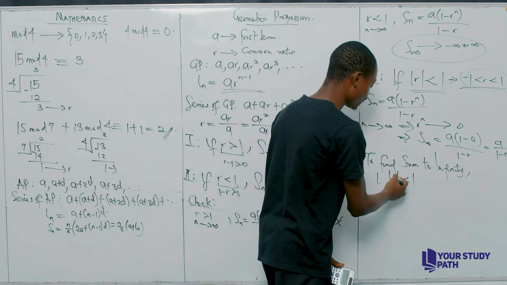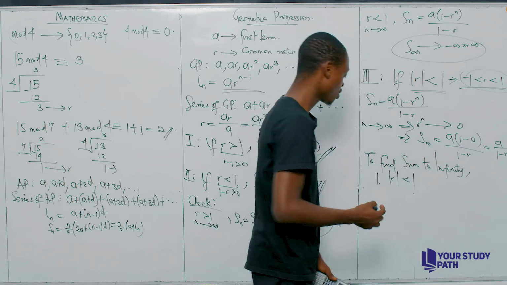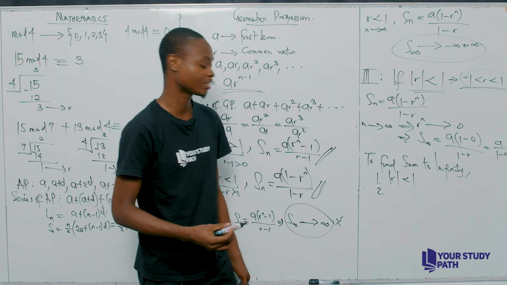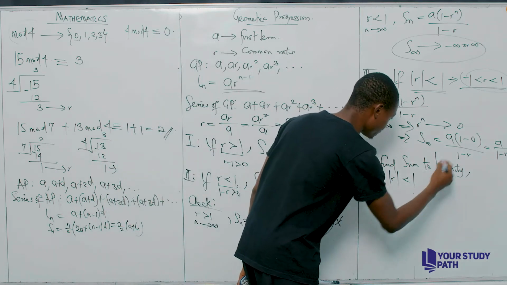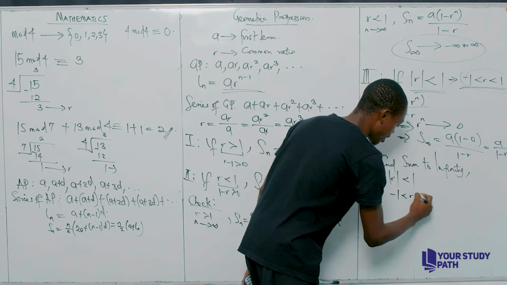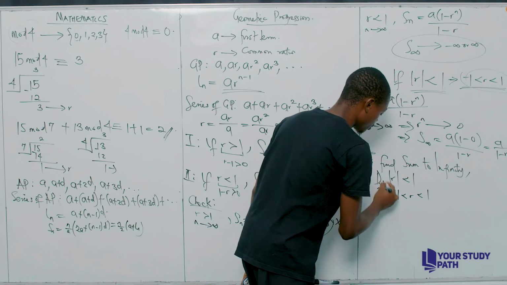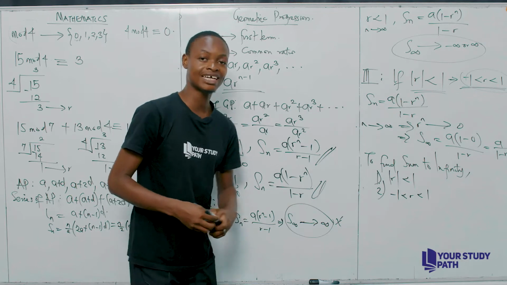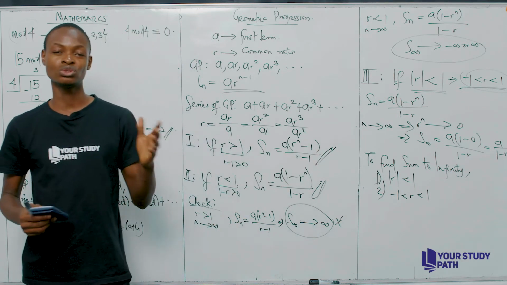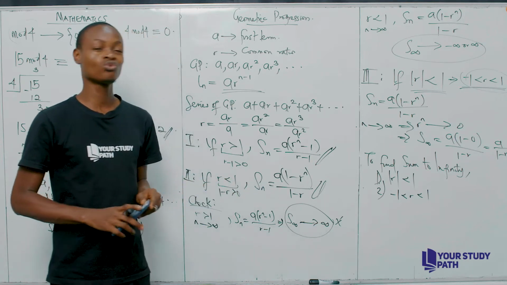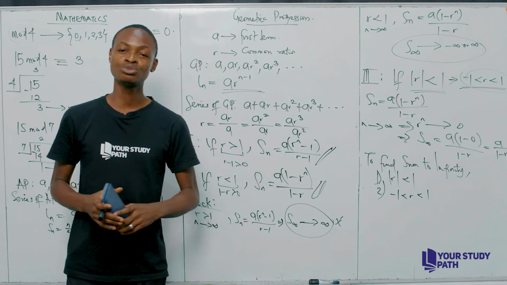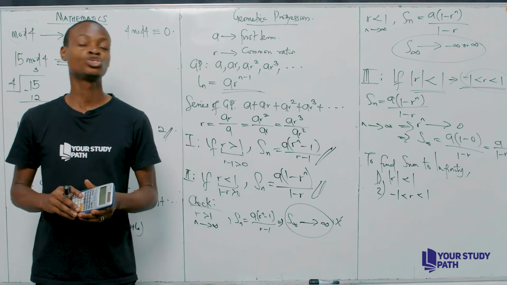Or if you feel like finding absolute value is complicated, just check if the value of r is within this range: minus 1 less than r less than 1. So either you check that the absolute value of r is less than 1, or you check that r is within the range of minus 1 and 1. Either one you check, if r satisfies those conditions, then you can find the sum to infinity of that geometric series.